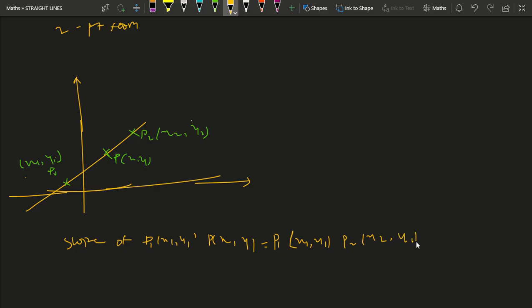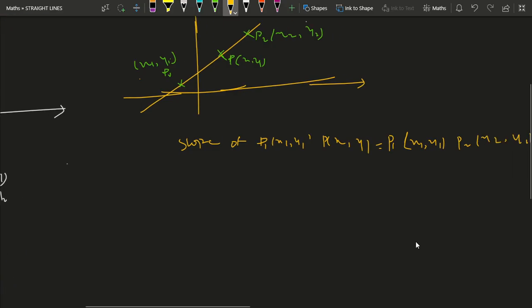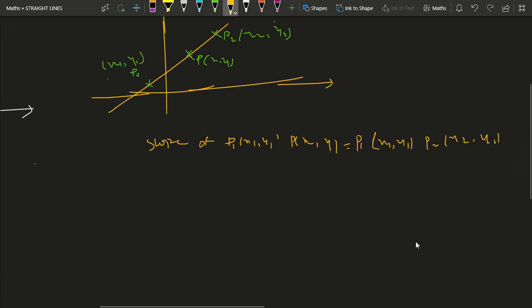Simply, what is the slope formula? y2 minus y1 divided by x2 minus x1. So y minus y1 divided by x minus x1 is equal to y2 minus y1 divided by x2 minus x1.